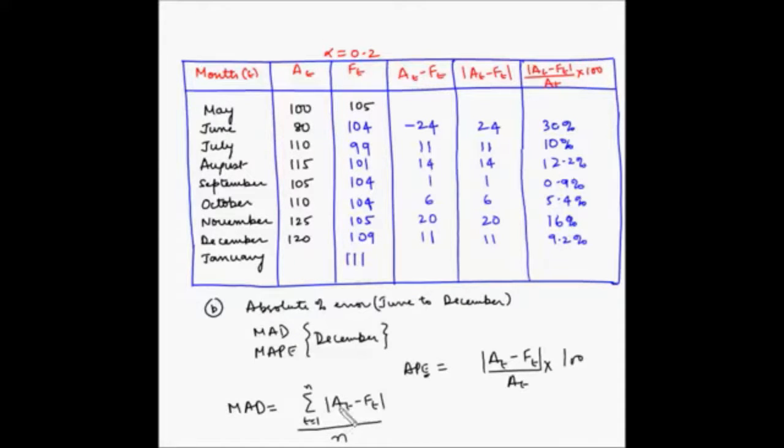So we have already found out the absolute value of AT minus FT for individual periods. Now we have to take a sum of all of these, so let's add these up. So 4 plus 1 is 5, plus 4 is 9, plus 1 is 10, plus 6 is 16, plus 1 is 17, 1 carry over, 2 plus 1 is 3, plus 1 is 4, plus 1 is 5, plus 2 is 7, plus 1 is 8.